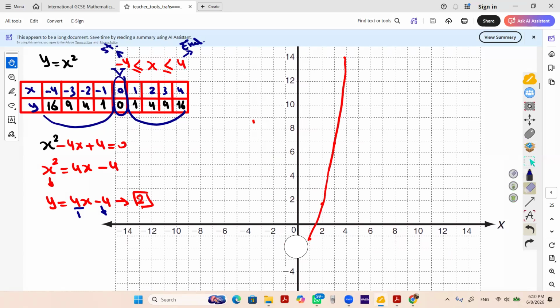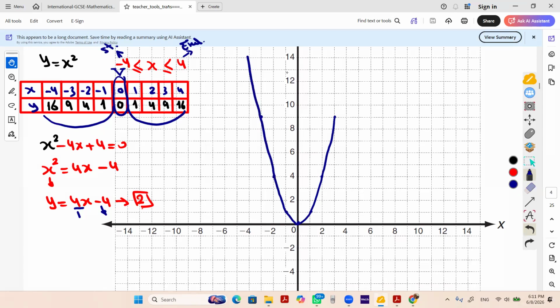Just a minute. We can draw this here: negative 3 and 9, negative 2 and 4, 2 and 1. The y-intercept here is negative 4.